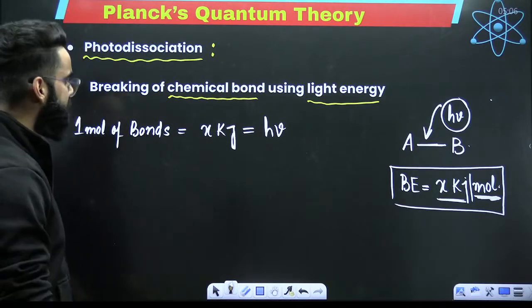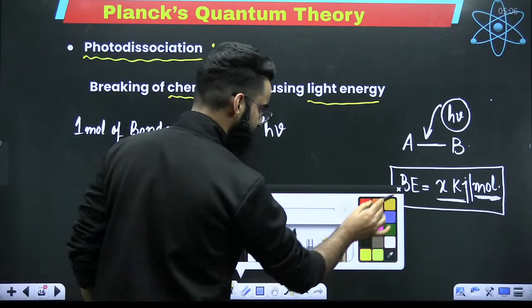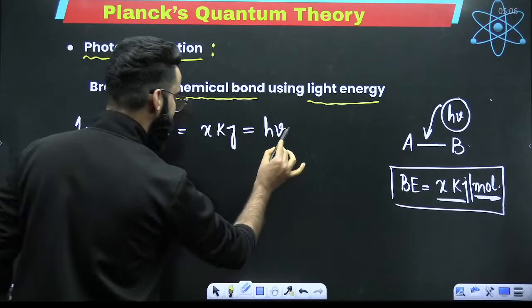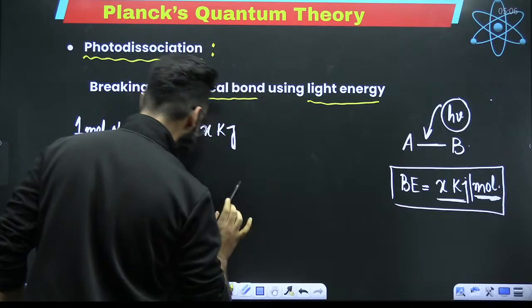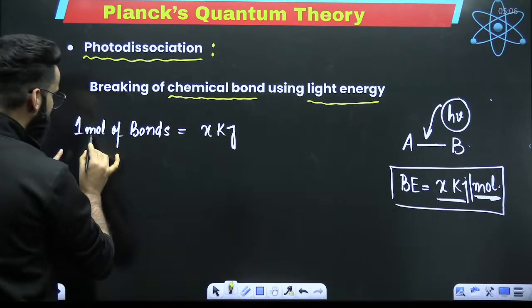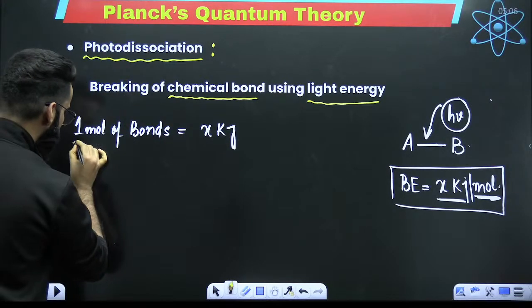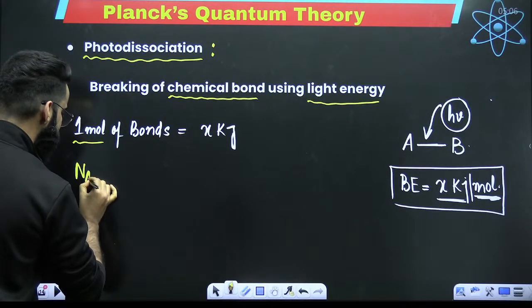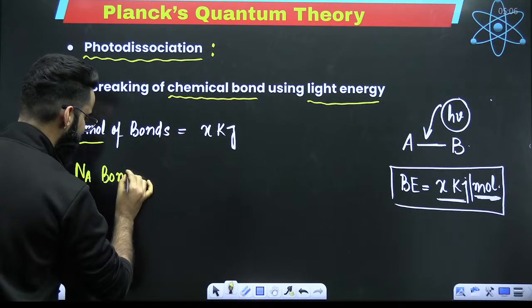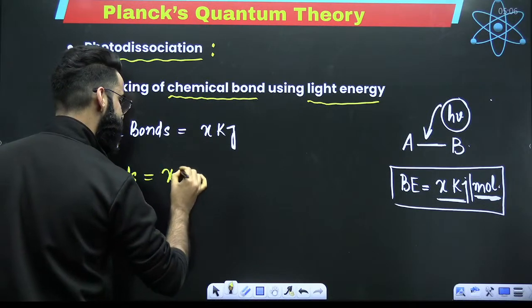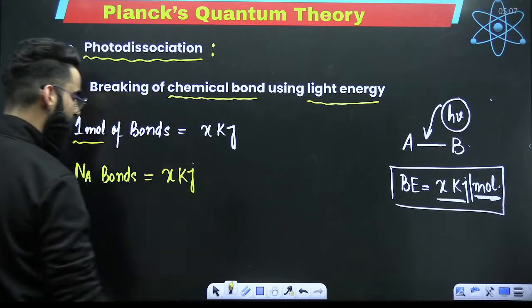Now, my dear students, try to understand one simple thing which I'm going to tell you now. See, I told you in order to break 1 mole of bonds, this much energy is required. Now tell me one thing. 1 mole of bonds exactly contains how many bonds? It contains Na bonds, Avogadro's number of bonds. So can I say in order to break Na bonds, X kilojoules of energy is required?